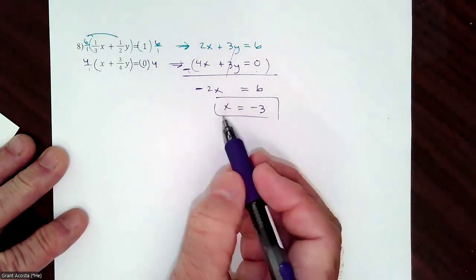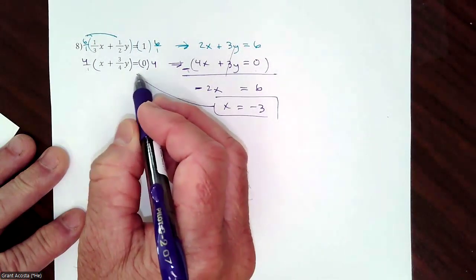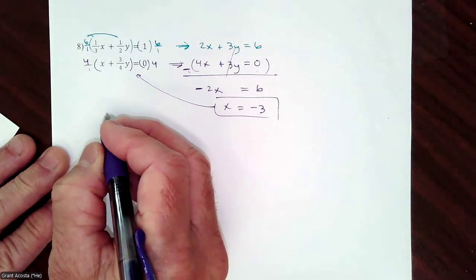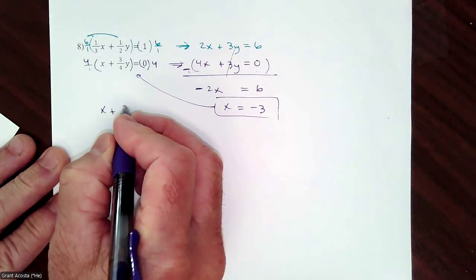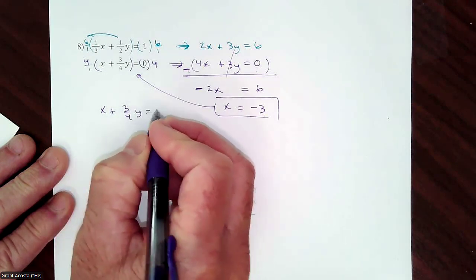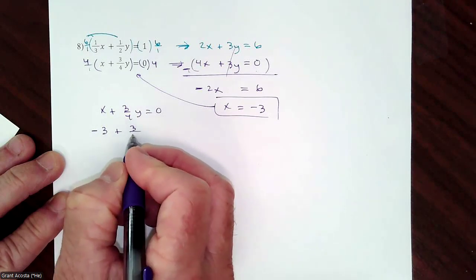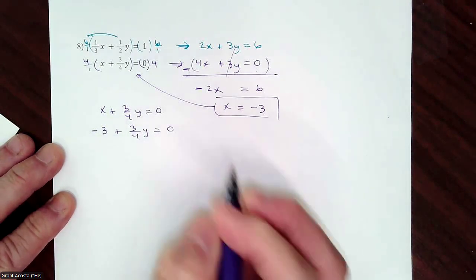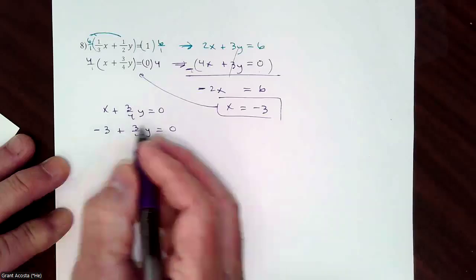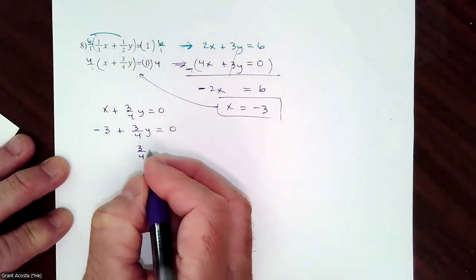And let's plug it into either one. What if I plug it into the second equation? x plus 3/4 y equals 0. x is negative 3. Negative 3 plus 3/4 y equals 0. I could add the 3 over to the other side.